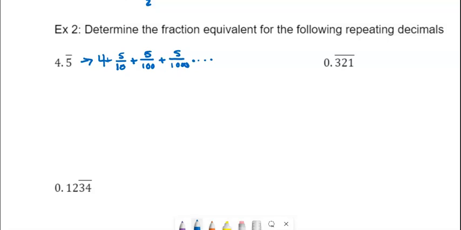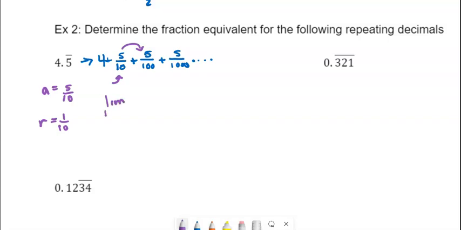And when I write out 4.5 repeated, I can see that this is actually a series. And I can identify the A. This is the part of the series that's repeating. So my A is 5/10. And in order to go from one term to the next, I have to go up by a 10th.